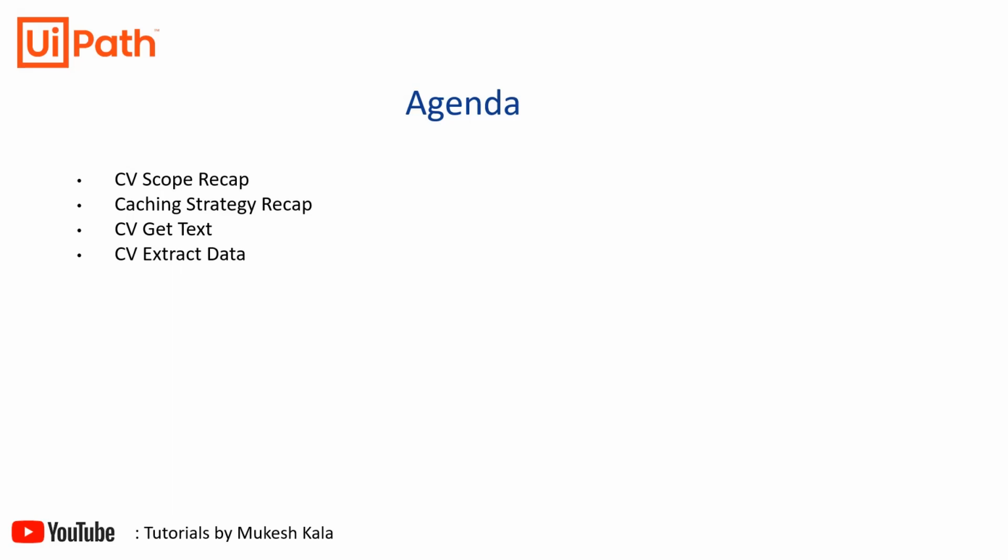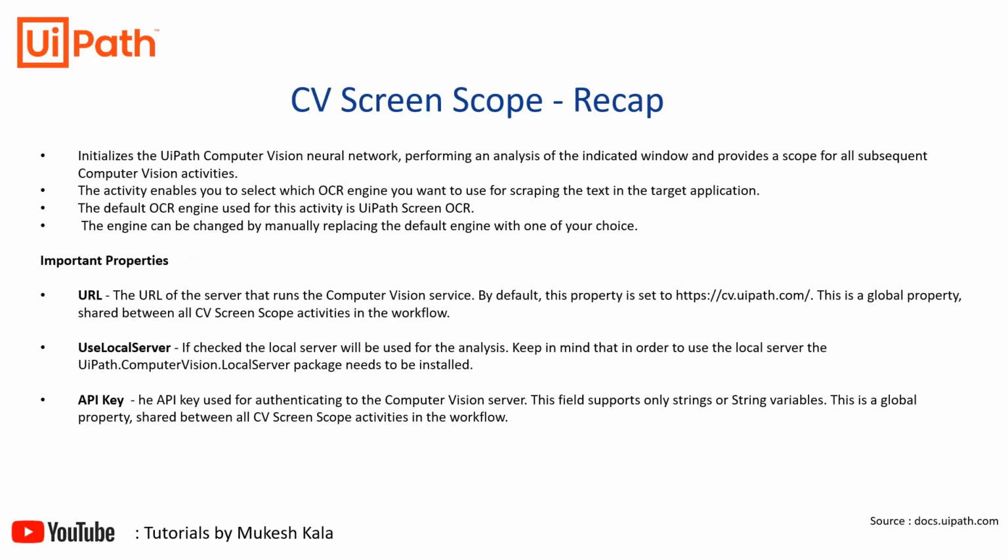So let's get started. The first thing is the CV screen scope. Whenever I have to do any automation with the UiPath computer vision, the first activity I require is the CV screen scope. This initializes the computer vision network for me and provides a container for the activities. This CV screen scope has three properties: the URL, the server, and the API key.